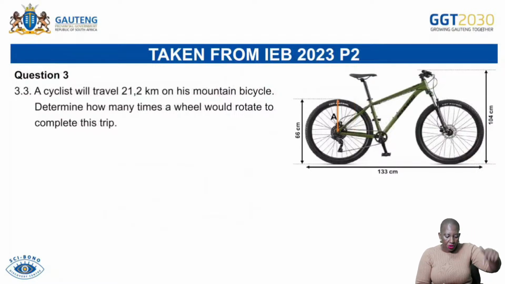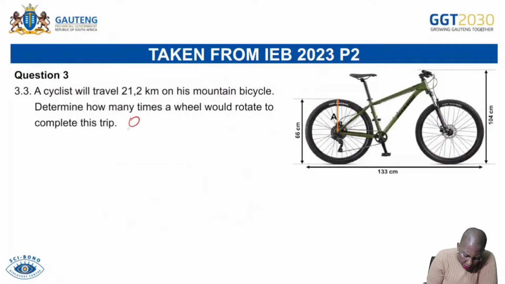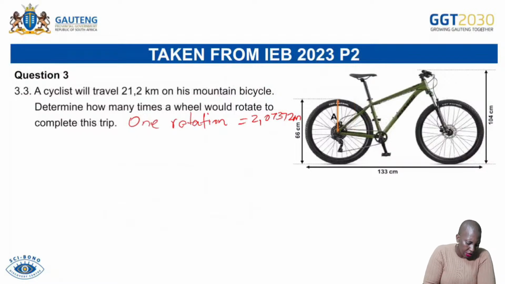And remember, we said one rotation from the previous question is 2,07372 meters. Now we have to do the rotation. We have to find in kilometers how many times the wheel will rotate.